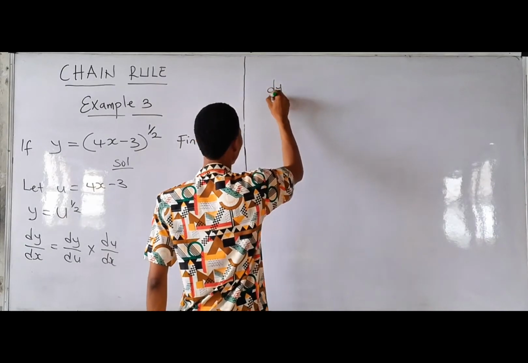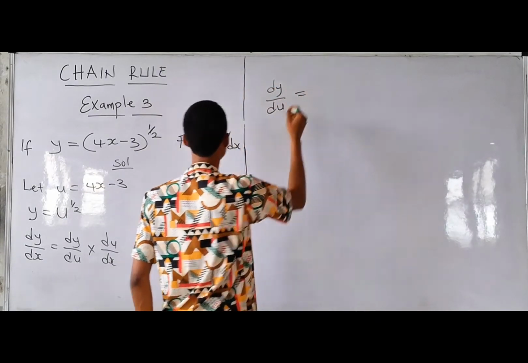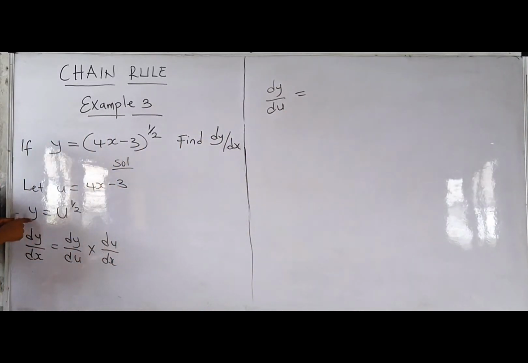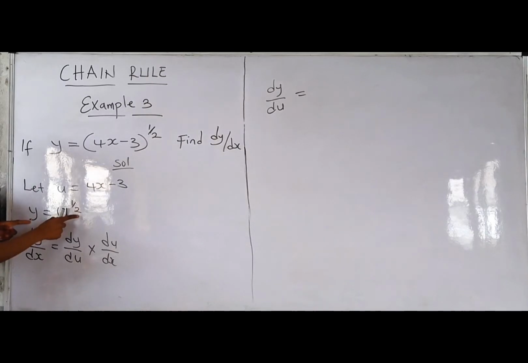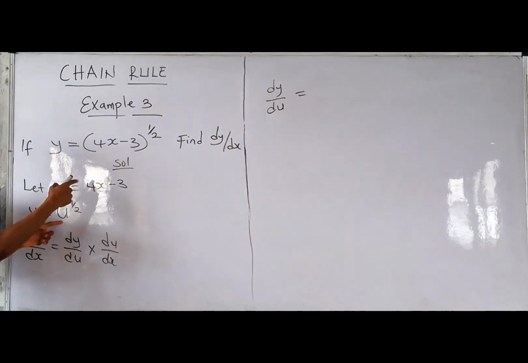The dy over du is equal to what? You are differentiating y with respect to u. So if you differentiate this, what do you have? Half u raised to power what?